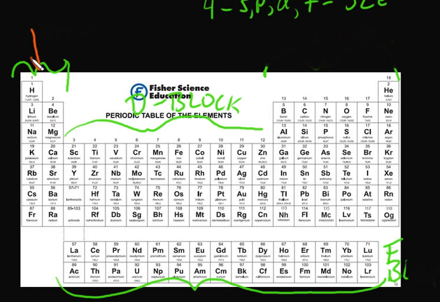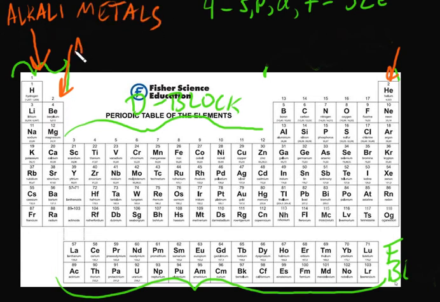All right, so we have names for some of these groups. Groups have very similar reactivity. That's why they are given names. And our first group are the alkali metals. Our second group is called the alkaline earth elements.